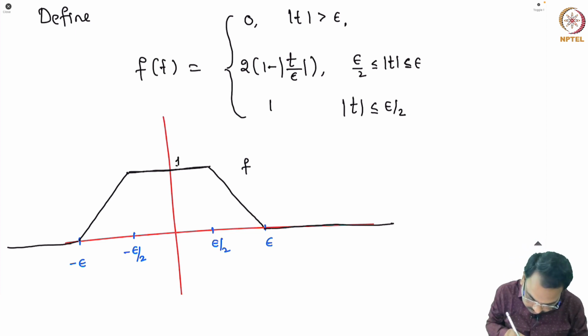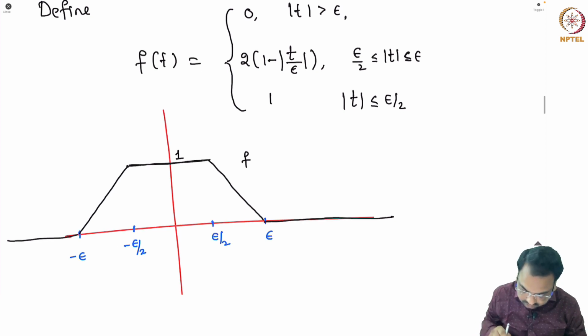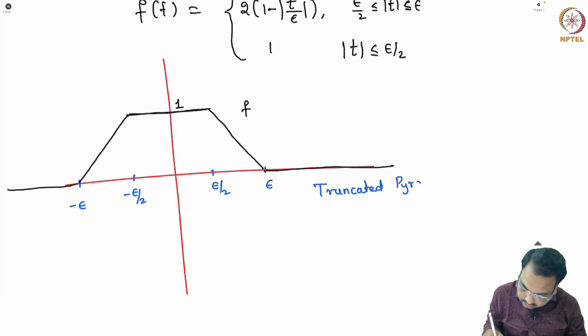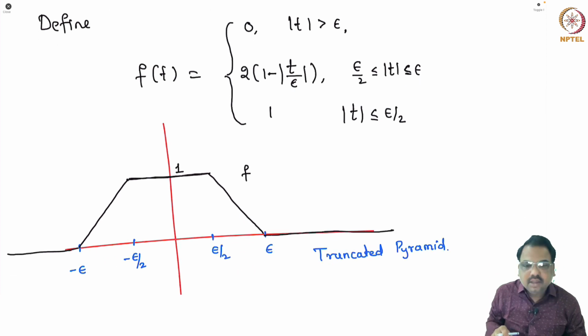So this graph is known as a truncated pyramid because it looks like a truncation of a pyramid. Now f is a real valued function which takes maximum value 1.